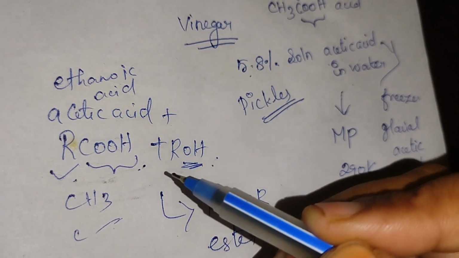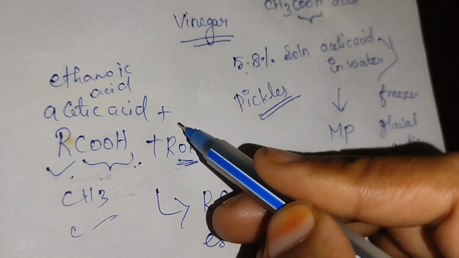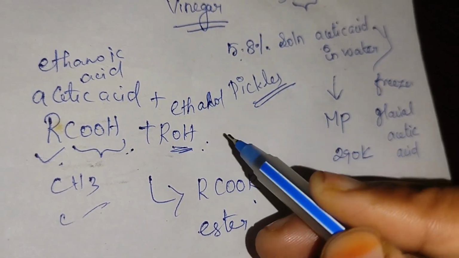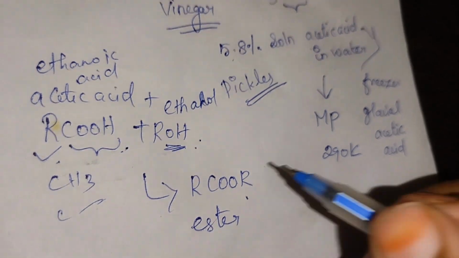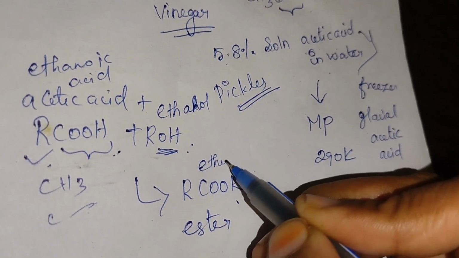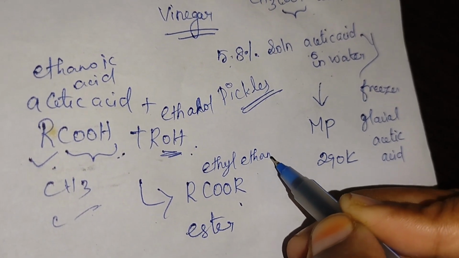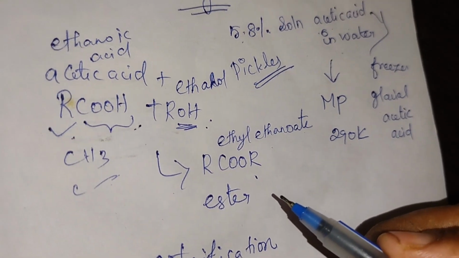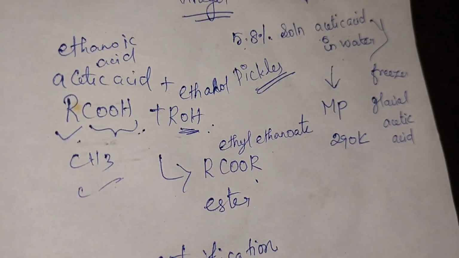This ethanoic acid is going to react with ethanol, and I get an ester, ethyl ethanoate. So the proper reaction we will see now, the esterification process.